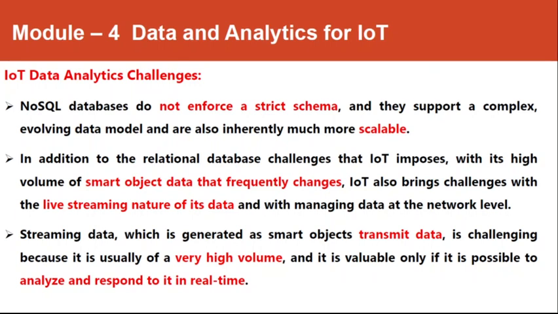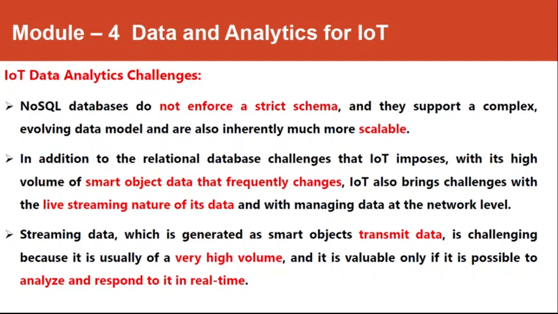In addition to the relational database challenges that IoT imposes with its high volume of smart object data that frequently changes, IoT also brings challenges with the live streaming nature of its data. The data generated by IoT has to be processed in real time. That is, the live streaming nature of its data makes the data analysis challenging.